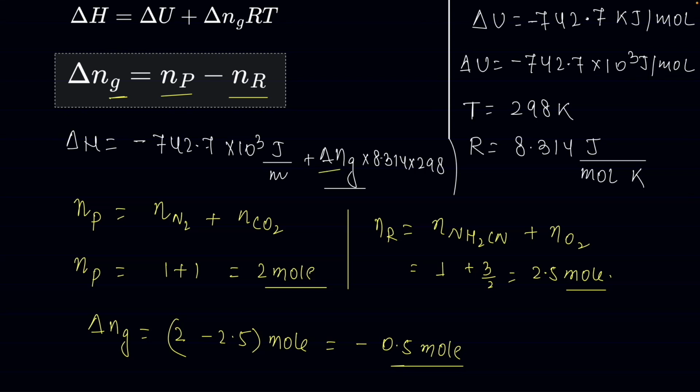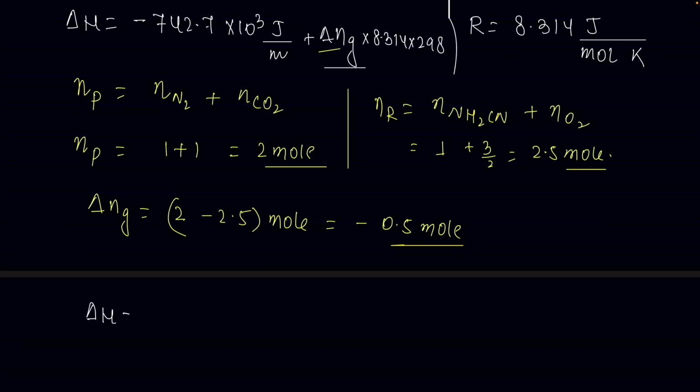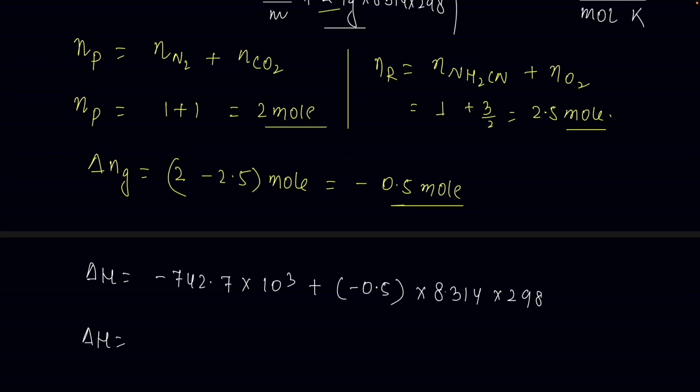So let's solve it further. Delta H is equal to minus 742.7 into 10 to the power 3 plus minus 0.5 into 8.314 into 298. So delta H is equal to minus 742.7 into 10 to the power 3 minus 1238.786.